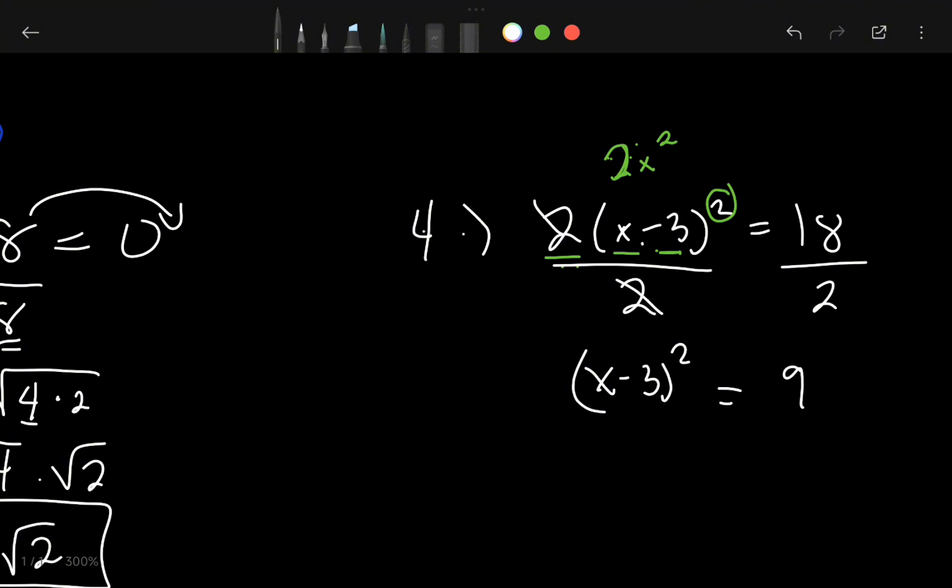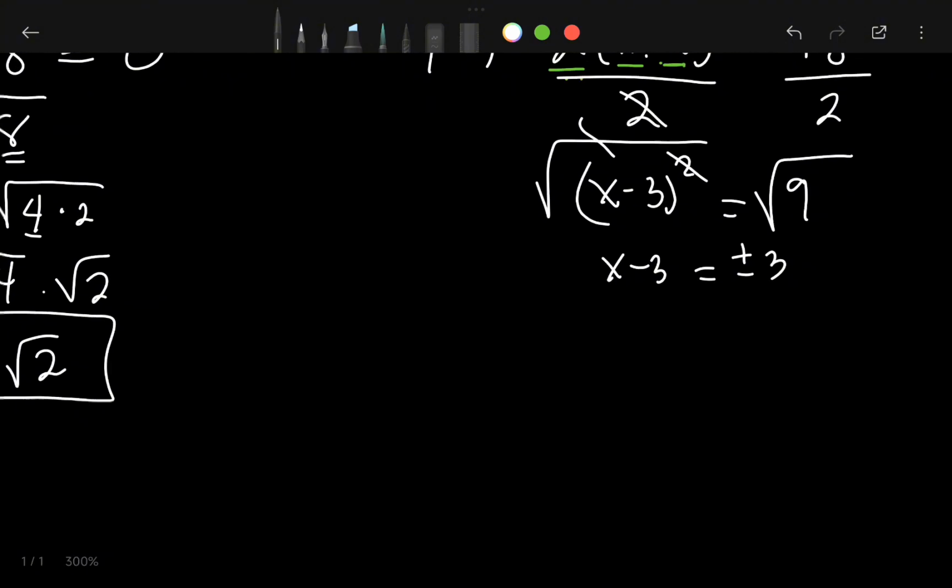Again, class, we said that x minus 3 is considered as 1, which is x squared. So if that's the case, the numerical coefficient of x squared is already 1. We can apply the square root property. Square root both sides. So we can cancel this, bring down x minus 3 is equal to positive, negative 3.